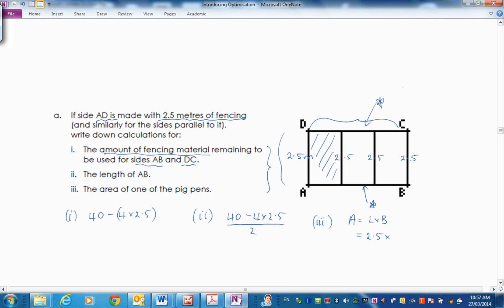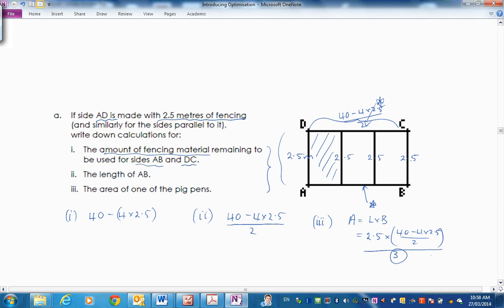So let's do the area of the whole thing. This was 40, take 4 by 2.5 over 2. So it's that breadth, 40 take 4 by 2.5 over 2. That'd be the area of the whole thing. And we want to divide it by 3, because there are 3 pig pens.